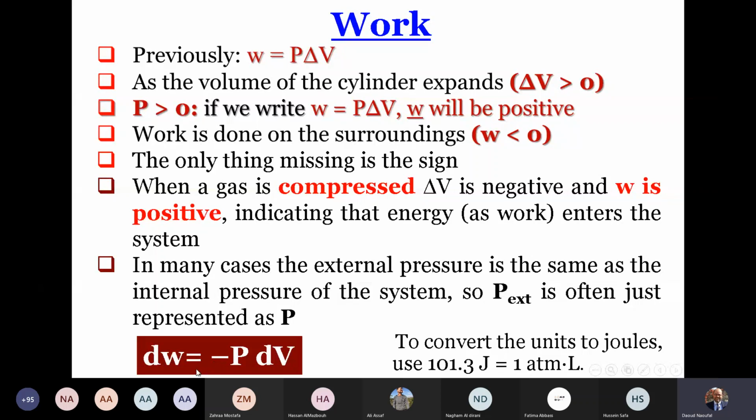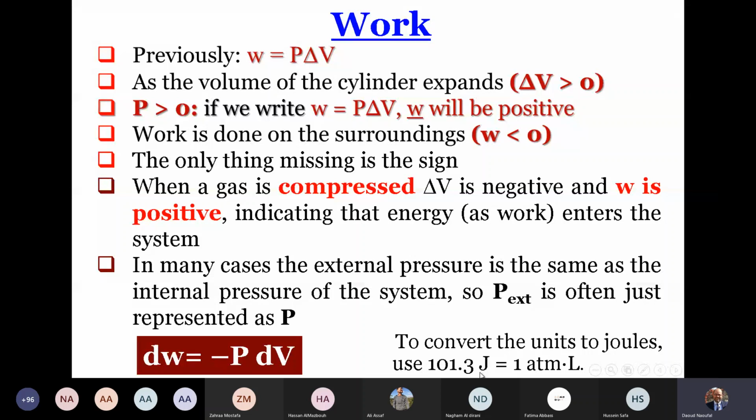What is the unit of the work? The work is a pressure times volume. So the work obtained will be in atmosphere times liter. But in the international system, the work should be in joule. We use the conversion of the units to joule. 1 atmosphere liter is equal to 101.3 joule.